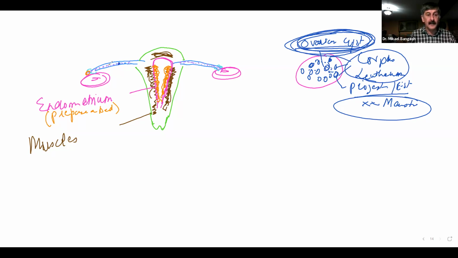Now, if that egg does not get fertilized, that unfertilized egg is not going to be willing to sleep in this bed.